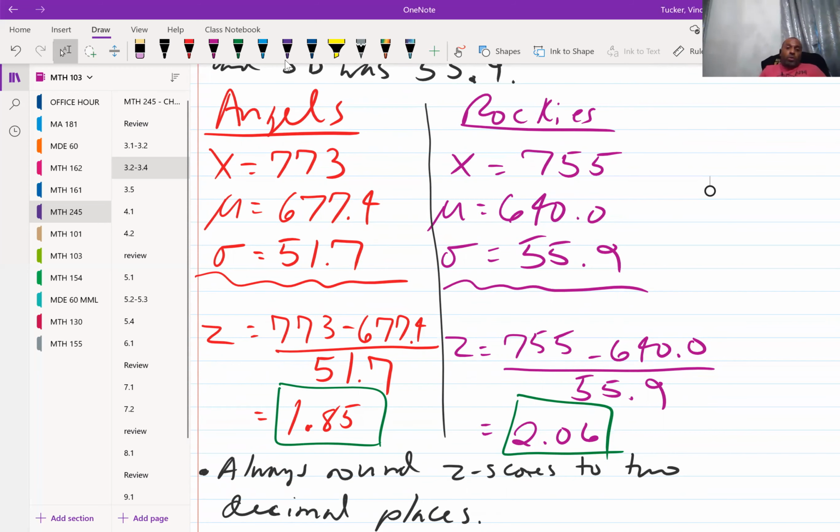Now with your Z-scores, you will always round those to two decimal places. That will matter later on when we use our Z-score chart. You might as well get in the habit of it now. Z-scores will always be rounded to two decimal places.